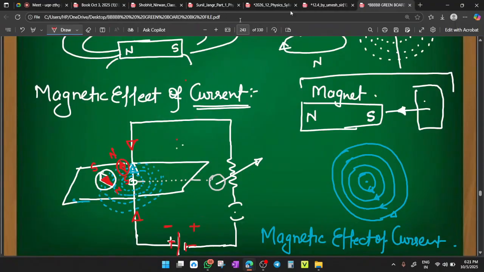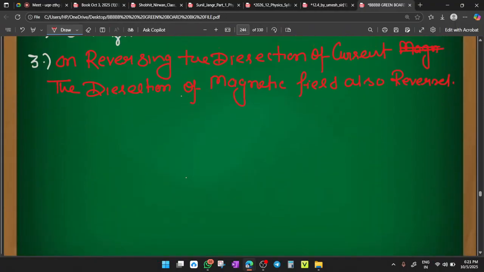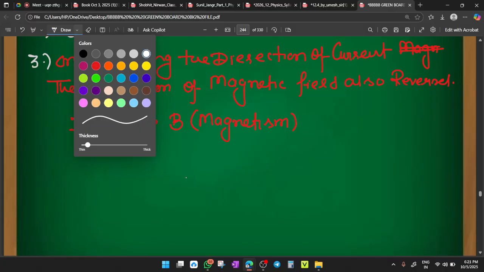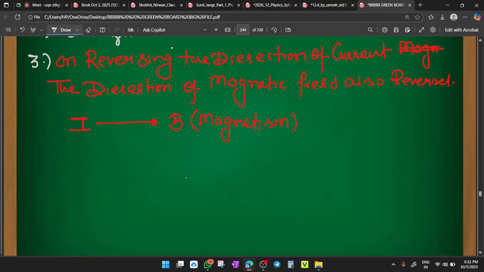With the input of electricity, means if you have current, the result is B, means magnetism. So there is the development of a magnetic field because of electric current. This was proven by Oersted.